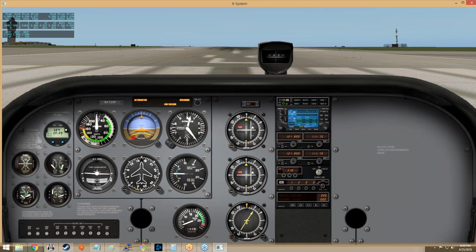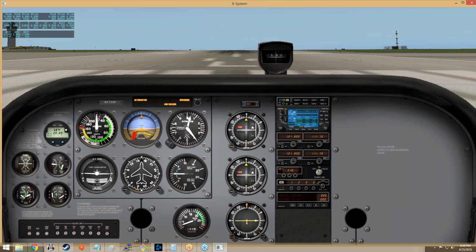Now it's going to load planes into memory that aren't being used. Okay, here we go. Boop, pause.